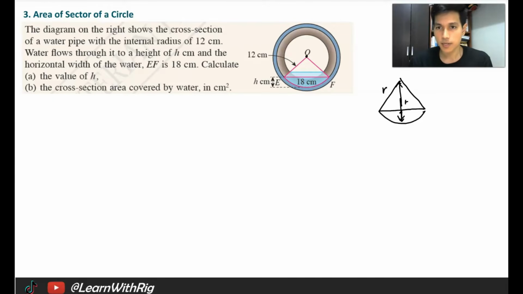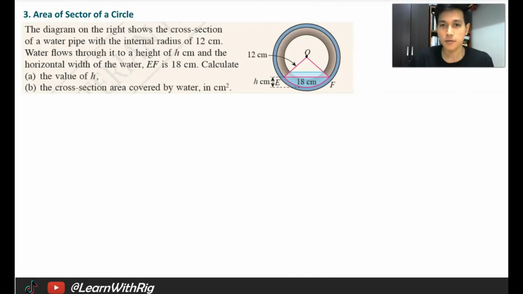So if I want to find the height, I must take the whole radius minus this part. Let's say this is x. I take the whole length, which is the radius, minus this part, and I'll get the height. Sorry, my drawing is pretty bad, but that's what we're going to do.